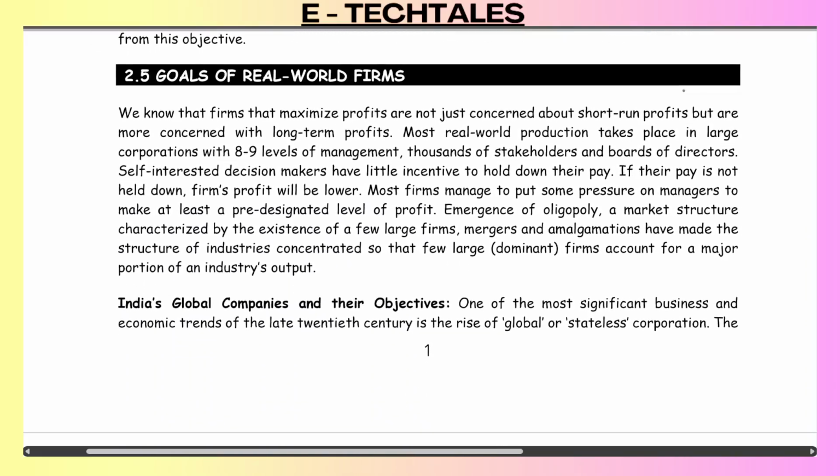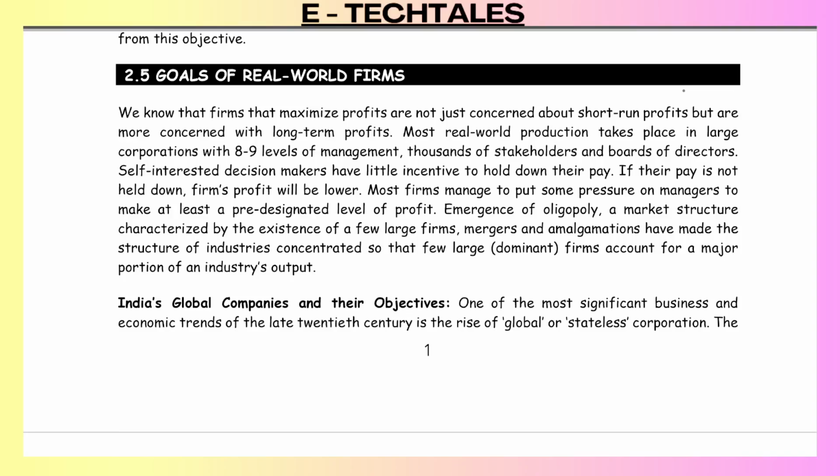Okay, so let's move on to the goals of the real world. Here we can talk about the firms that operate beyond short term profits, where they are focusing more on long term sustainability.